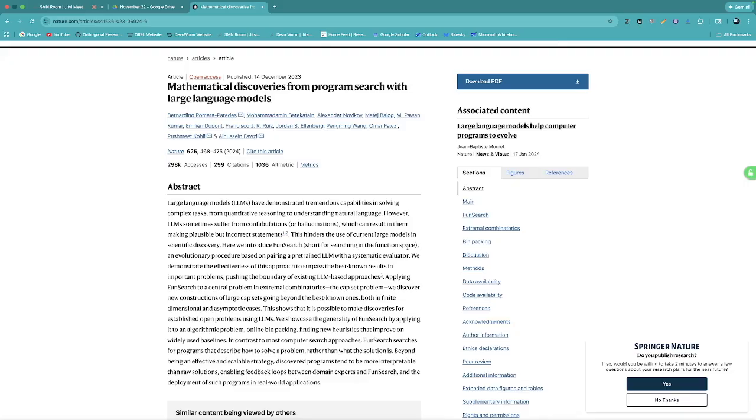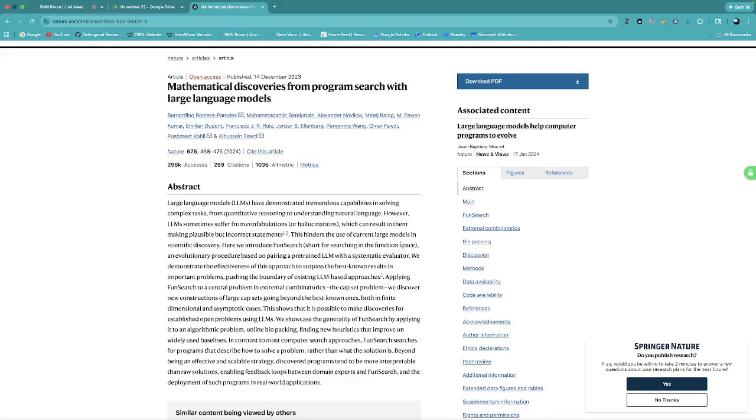Here we introduce FunSearch for searching the function space, not that they're actually fun. And this is an evolutionary procedure based on pairing a pre-trained large language model with a systematic evaluator. We demonstrate the effectiveness of this approach to surpass the best known results in important problems, pushing the boundary of existing large language model-based approaches.